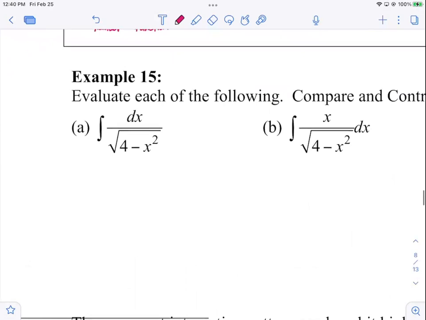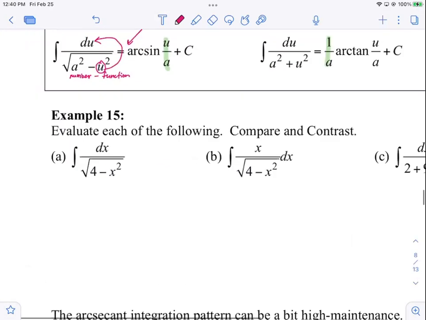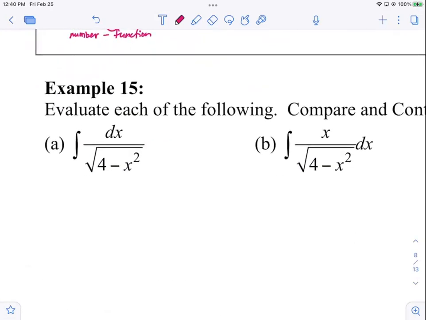Okay. Now look at example 15, A and B. These are good. Compare and contrast. What's the only difference about the two? Yeah, the first one has a 1 in the numerator. The second one has an x in the numerator.